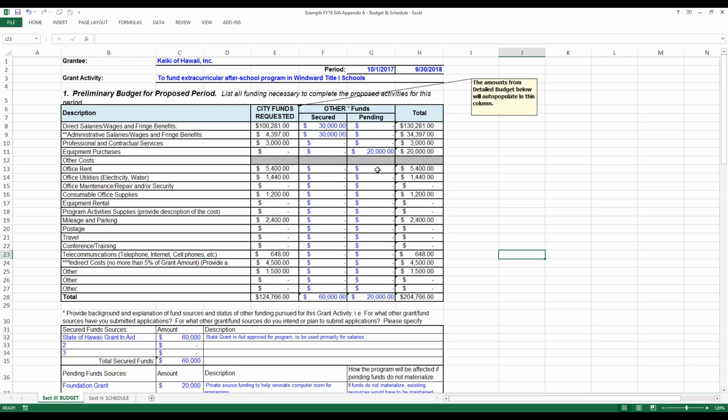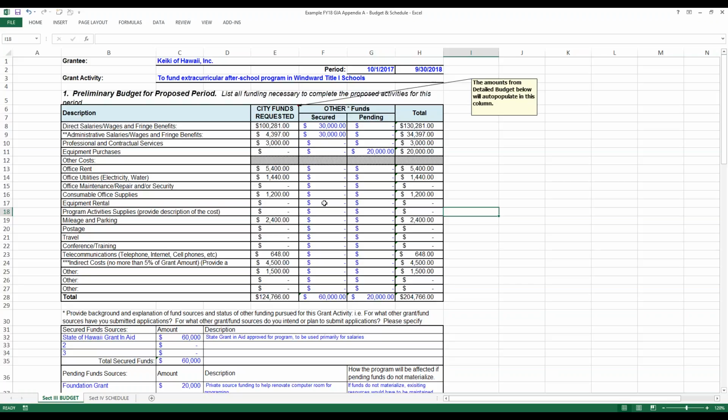Let's say you did apply to other foundations and you're waiting on the application results, or you are planning to apply soon, for other funds that will support this program. So we do ask you to tell us what additional funding is necessary to complete your program besides the Grants in Aid fund.